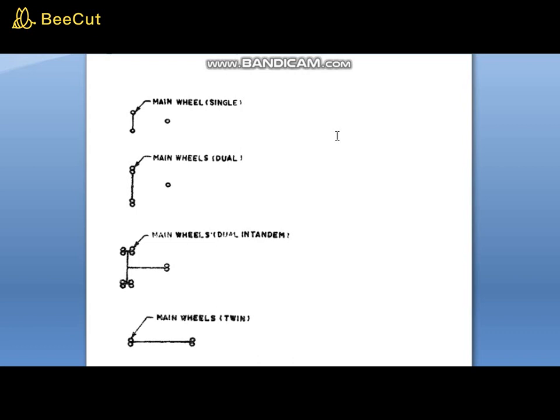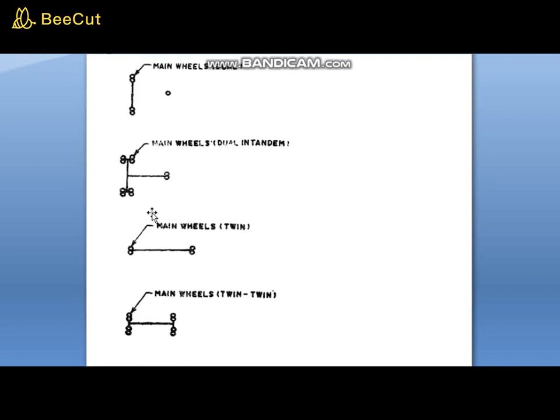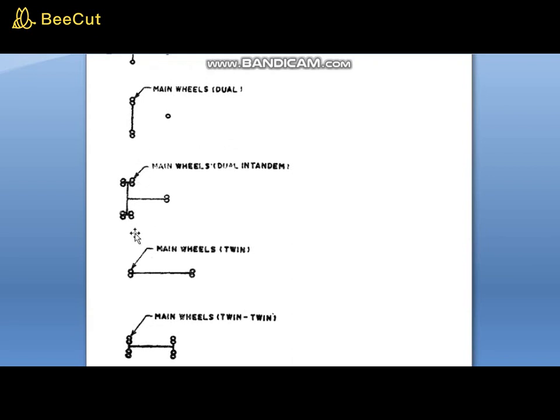This is nothing but the arrangements of tricycle undercarriage. See, this is back 2 wheels, front 1 wheel. So we call this combination main wheel single. If we have two back wheels and 1 single, we call it main wheels dual. Similarly, in this combination, these 2 are back tires and this is the front tire.